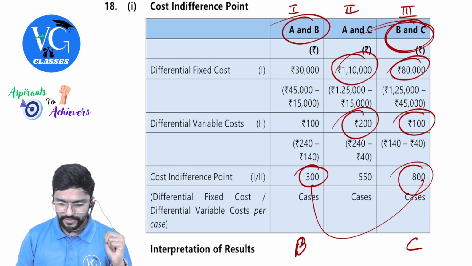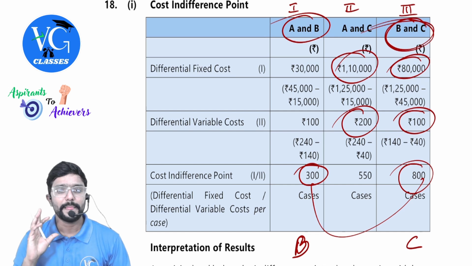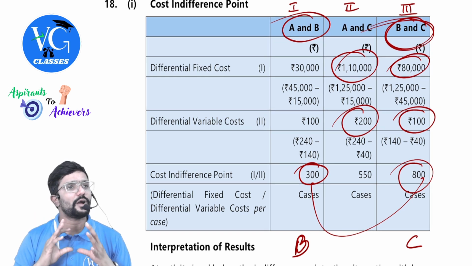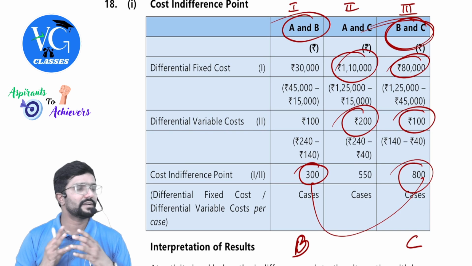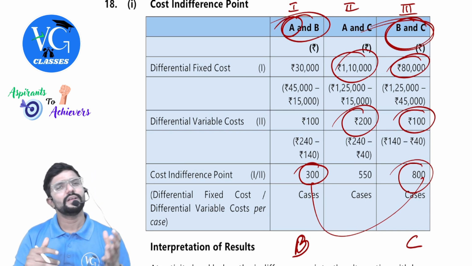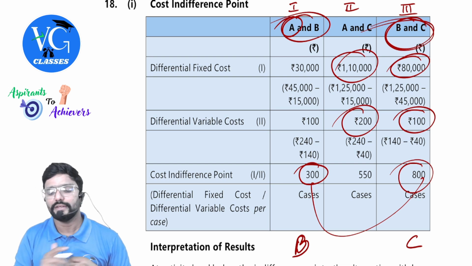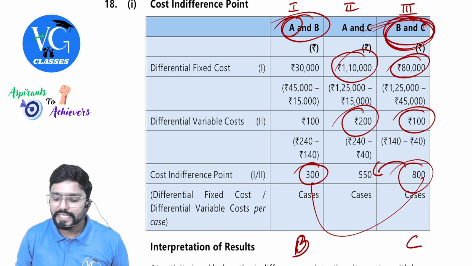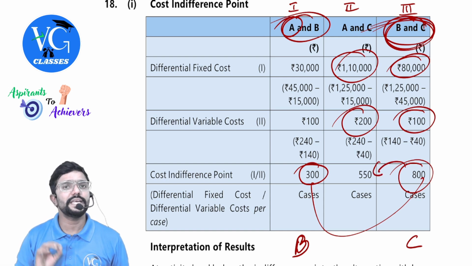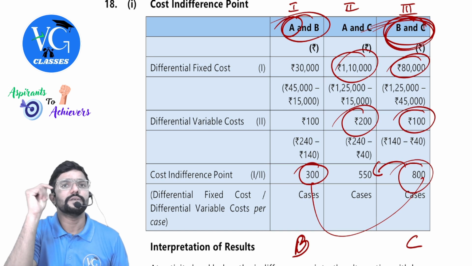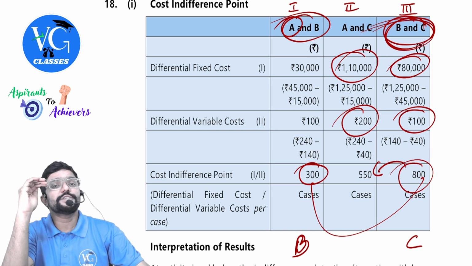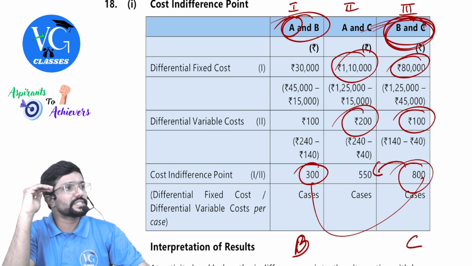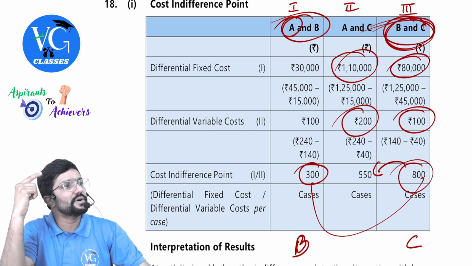First one, A and B. If it is more than 300, obviously we will go with B, guys, because less than 300, we went with A. Now between B and C, when it is less than 800, we will choose the option with lower fixed cost and higher variable cost per unit.